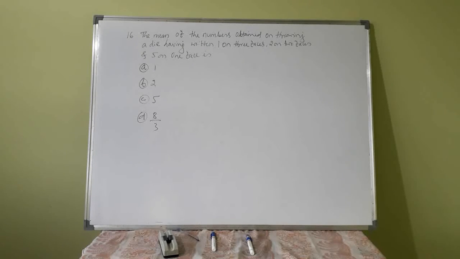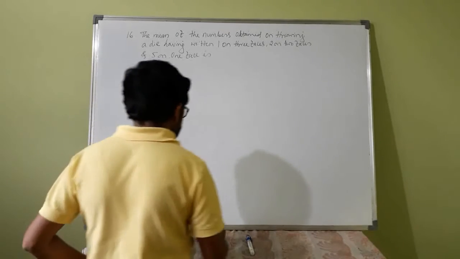The mean of the numbers obtained on throwing a die having written 1 on 3 faces, 2 on 2 faces, 5 on 1 face is... here each face is not written as 1 to 6.